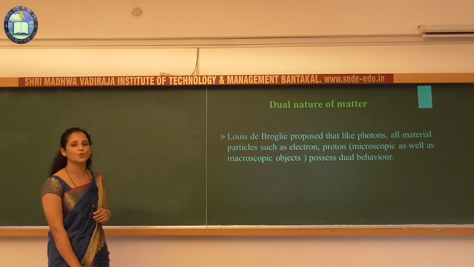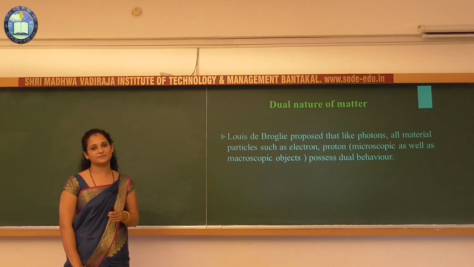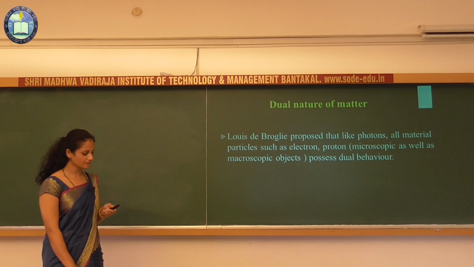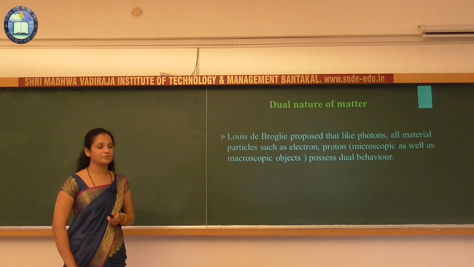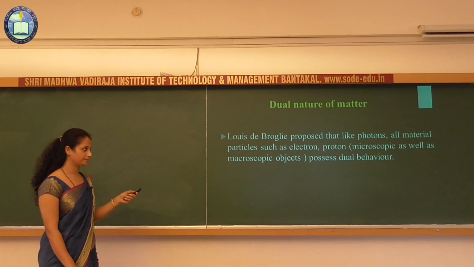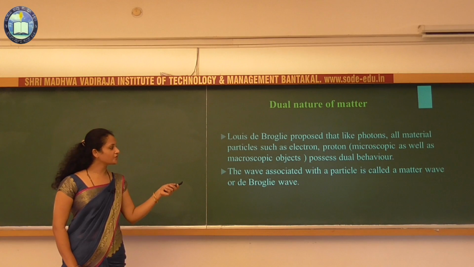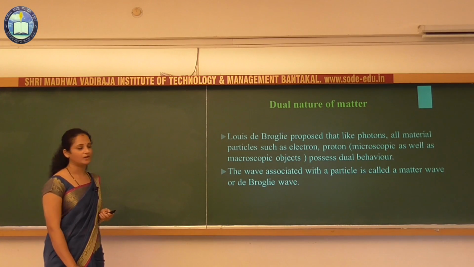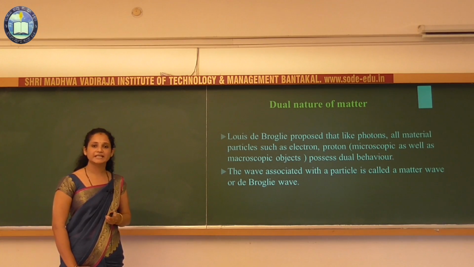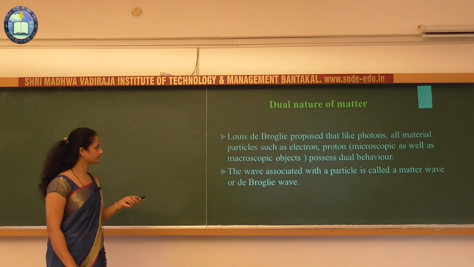That means they show both wave-like as well as particle-like nature. This was the statement given by Louis de Broglie. The wave which is associated with that particle is called matter wave or de Broglie wave.